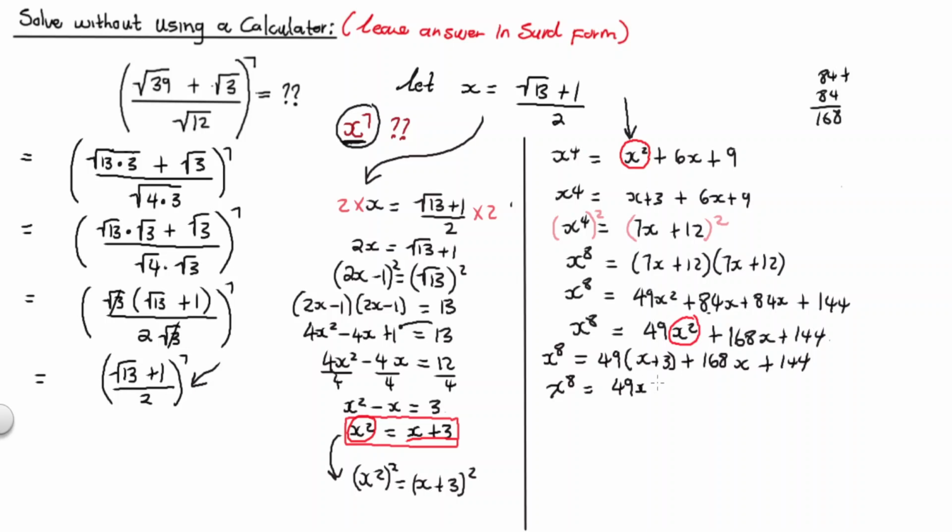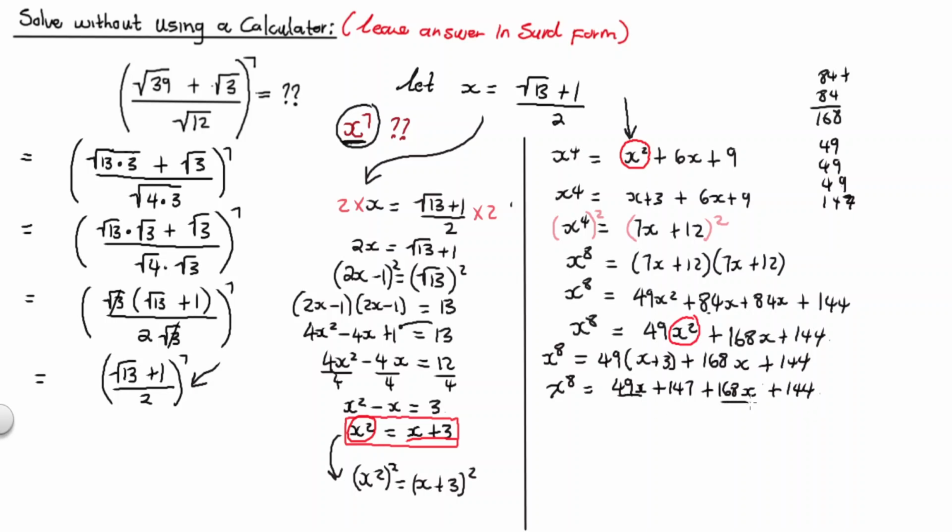49x plus 49 times 3. 49 times 3, that's 147. So it's 147 plus 168x plus 144.